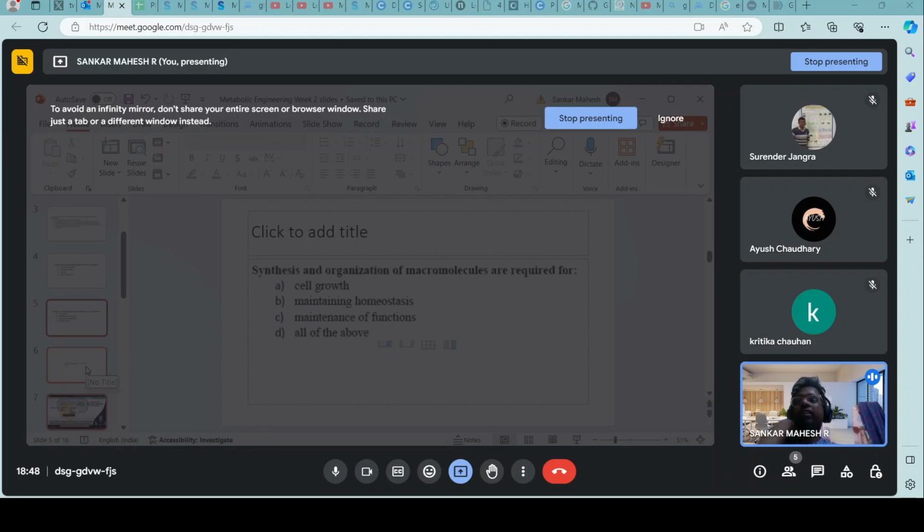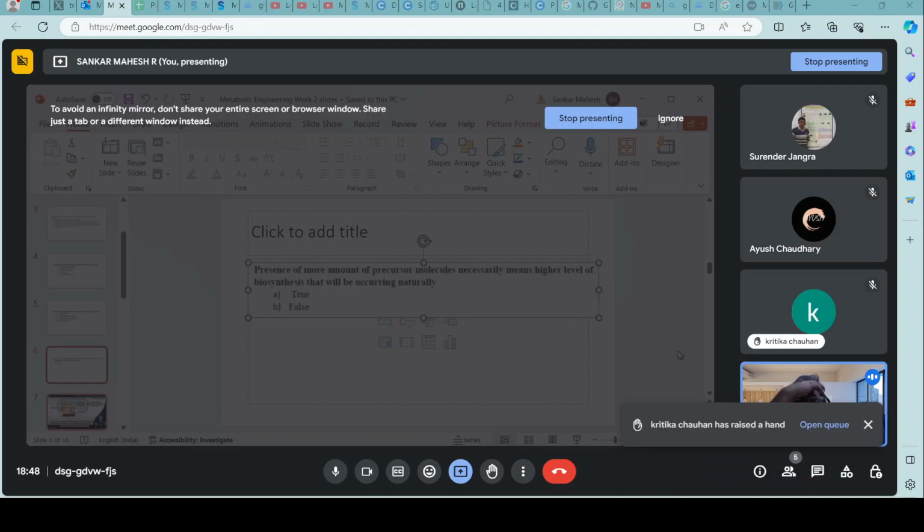Moving on to the next question. Presence of more amount of precursor molecules necessarily means a higher level of biosynthesis will be occurring naturally. You can take a couple of minutes. Kritika has raised her hand.